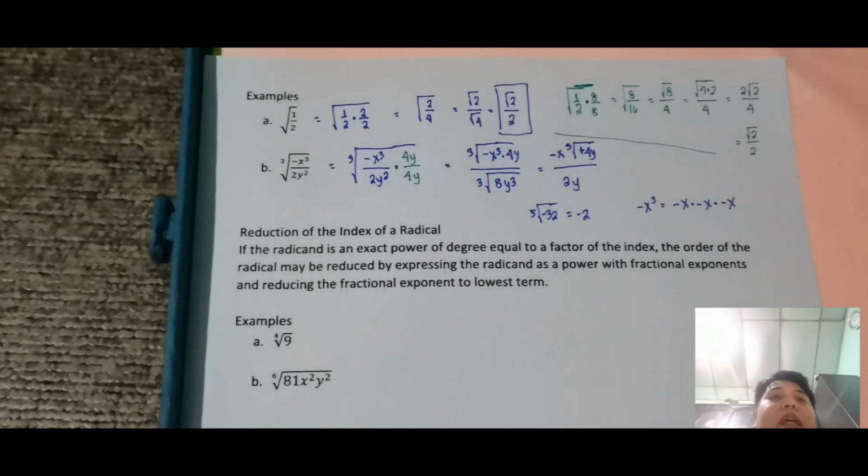Ngayon, sabi, if the radicand is an exact power of degree equal to a factor of the index, the order of the radical may be reduced by expressing the radicand as a power with fractional exponents and reducing the fractional exponents to lowest term. So, ano sinasabi? Aware tayo na yung radical natin, pwede natin i-convert into power with fractional exponent.